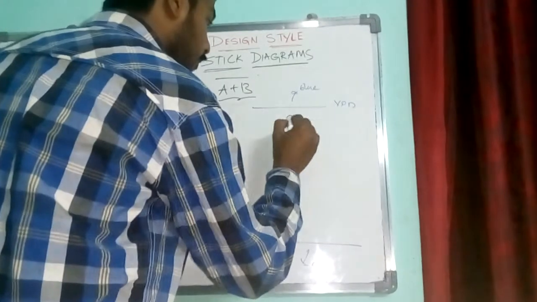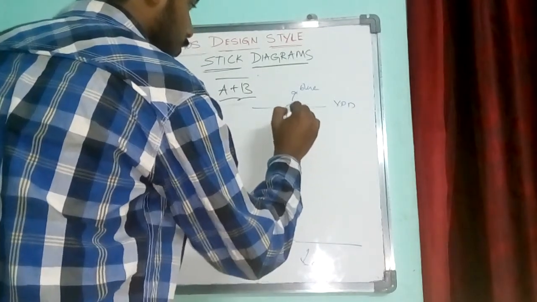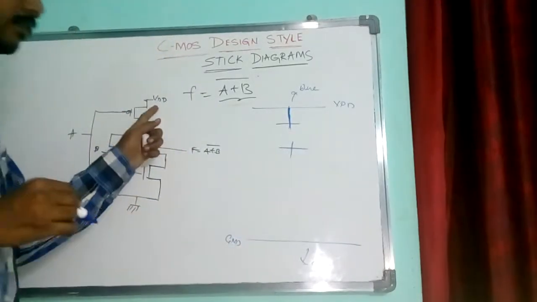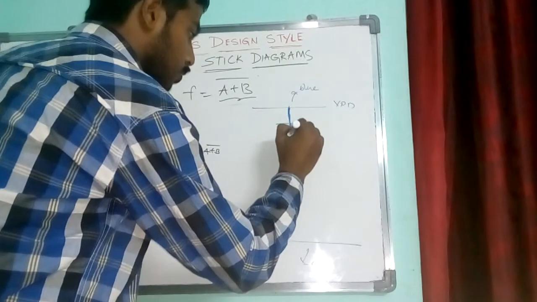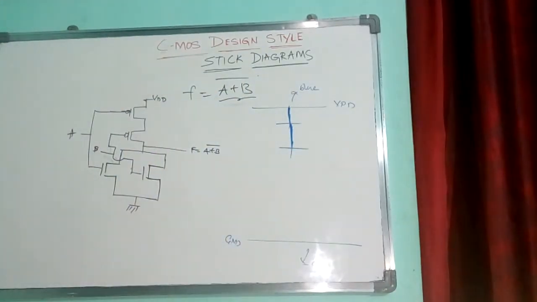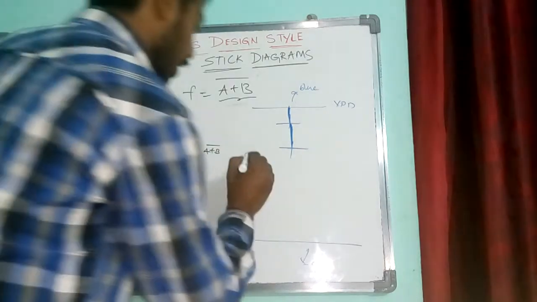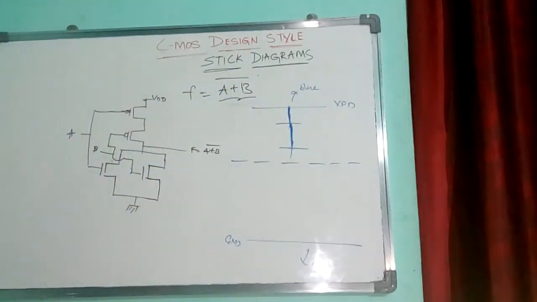So one transistor, two transistor. This is connected to VDD, and this source is connected to this drain. These both are connected. Here I have the demarcation line.